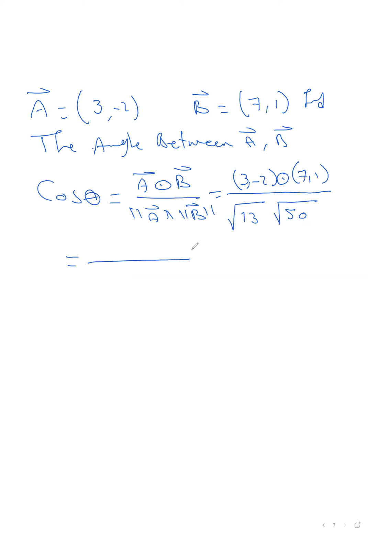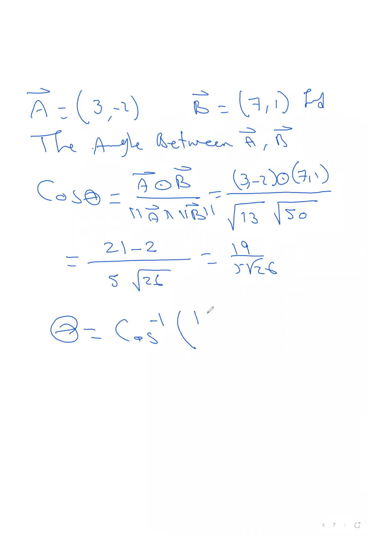Okay, so 21 minus 2 over the square root of 50, 5 root 2, so 5 root 26, so 19 over 5 root 26. So theta equals cosine to the power of negative 1 of 19 over 5 root 26, and find it by using the calculator. This is number 1.